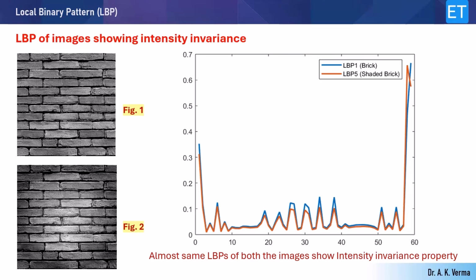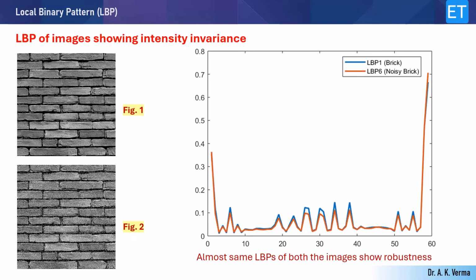Now consider this case where there is a change in the intensity or illumination in the second image. Both the images are the same, but the second image has some intensity variations. Again, I get almost similar LBP. There are some changes here, but most of the time the LBP is the same.